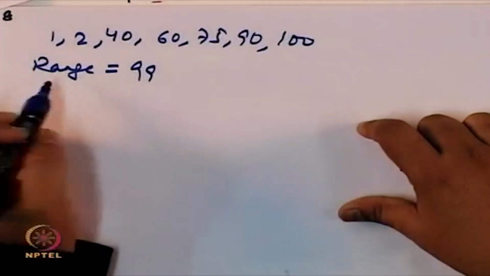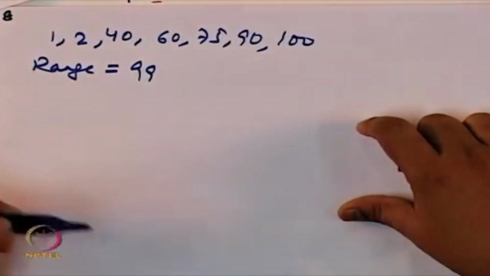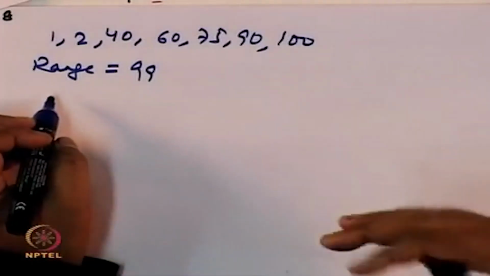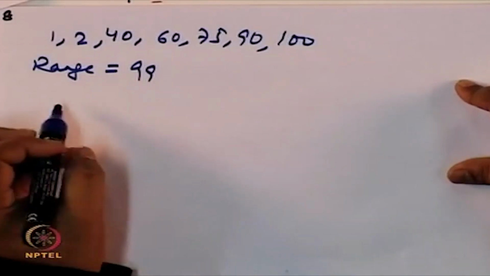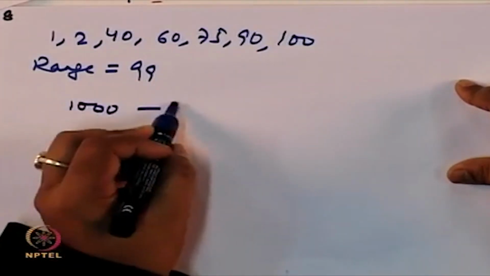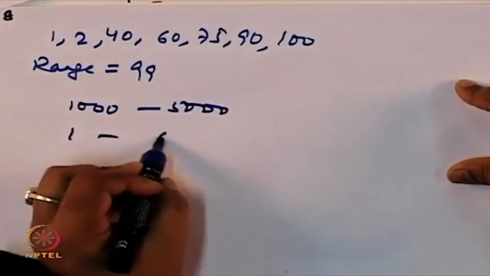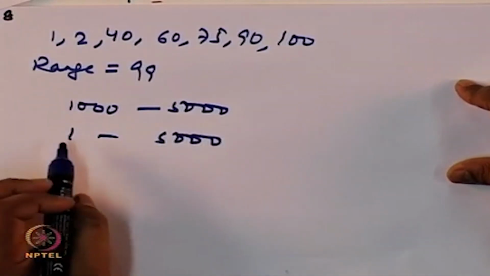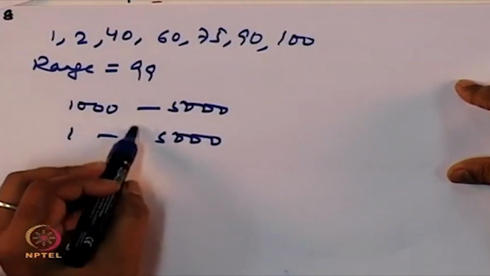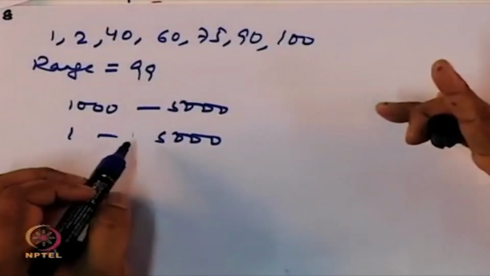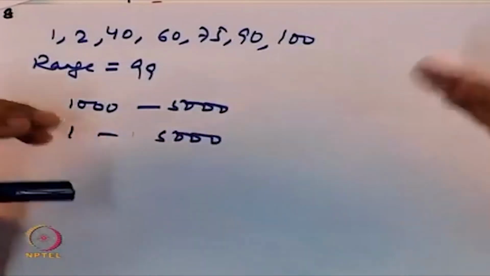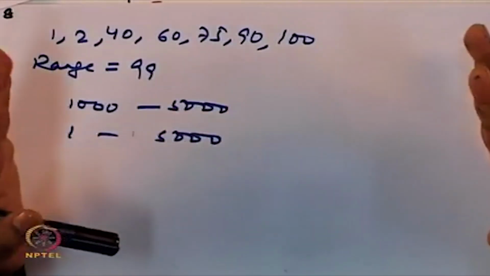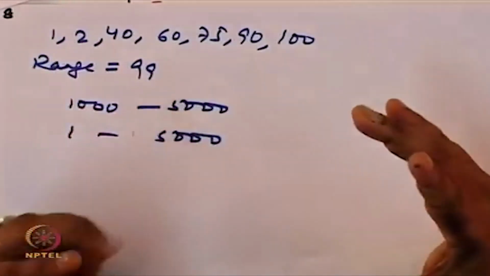So, the concept of range has to be thought about with respect to the minimum or the maximum. Similarly, you can have data going from 1000 all the way to 5000 or 1 to 5000. If you have outliers, then the range is too broad, and it does not give a clear idea as to where the bulk of the data is situated.